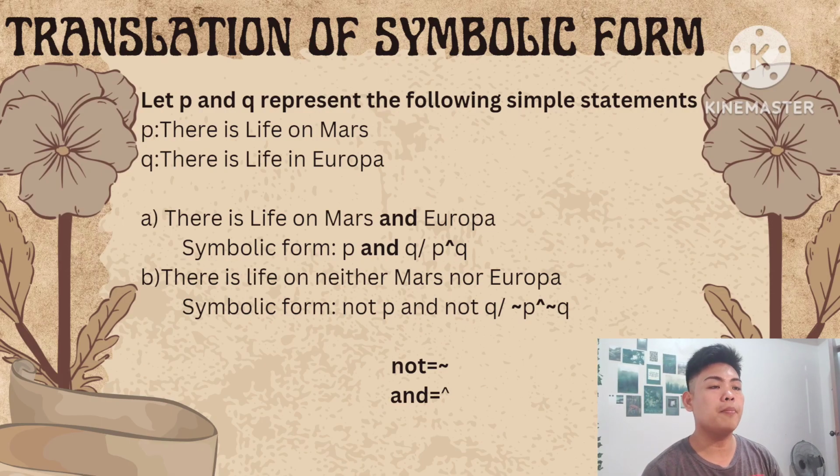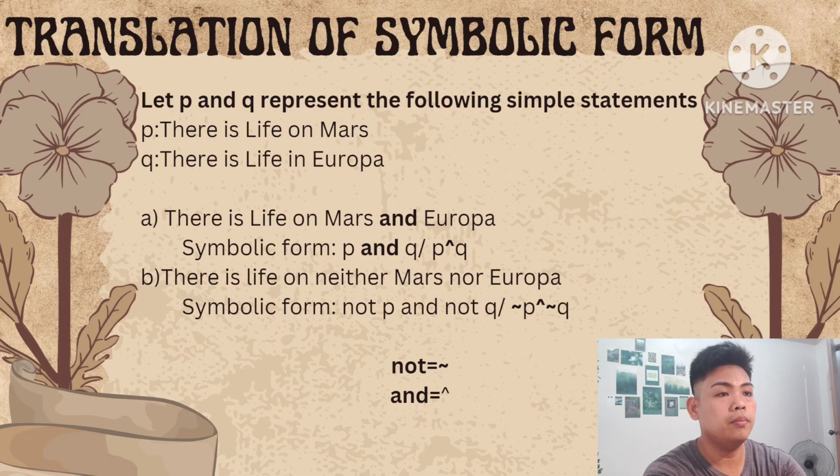So, ito ang example ng translation of symbolic form. Sabi dito, let P and Q represent the following simple statements. So, si P, ang simple statement niya is, there is life on Mars. Si Q naman, ang sabi niya, there is life in Europa.